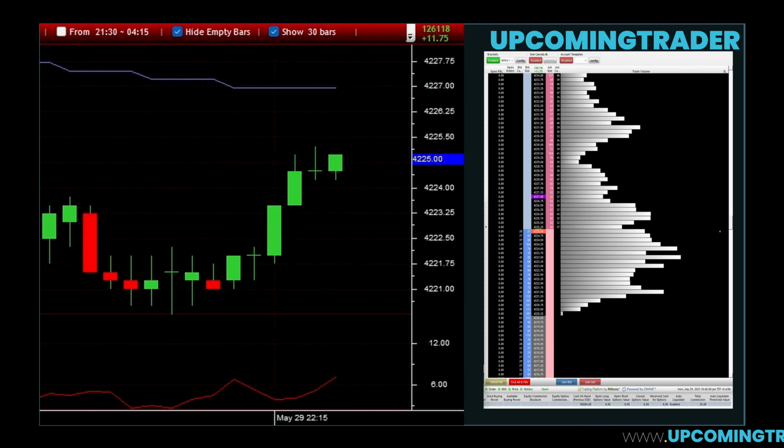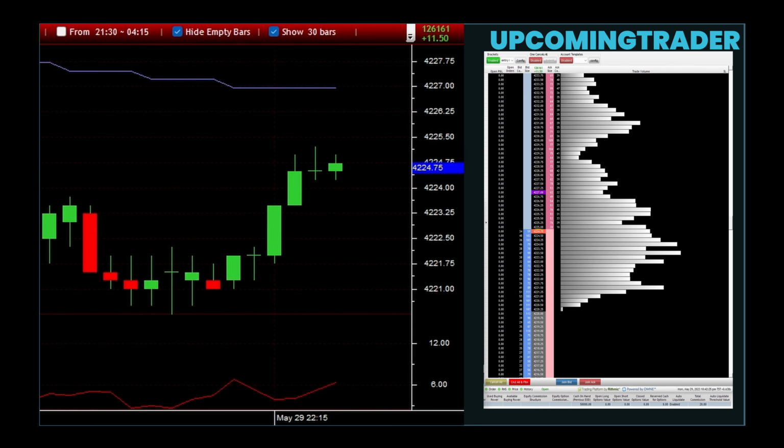It is also helpful to be aware of specific chart patterns that develop around these areas. For instance, if you notice a double distribution trend day, where the market forms two distinct areas of value separated by a sharp price move, this can indicate a change in market sentiment and could provide strong breakout opportunities.